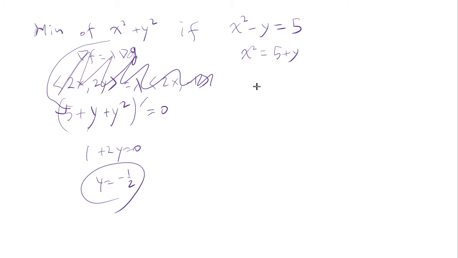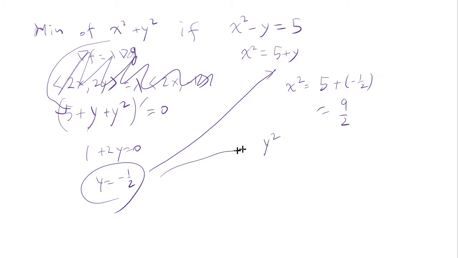So let's see. If I plug it in here, I get that x squared must be 5 plus negative 1/2, which is 9 over 2, because 5 is 10 over 2. And then y squared, if you square negative 1/2, would be 1/4, right? So x squared plus y squared would be 9 over 2 plus 1/4, which is 18 over 4 plus 1/4, so 19 over 4.